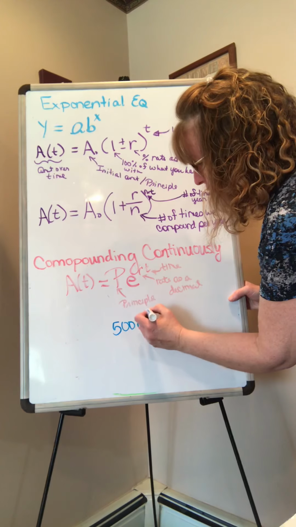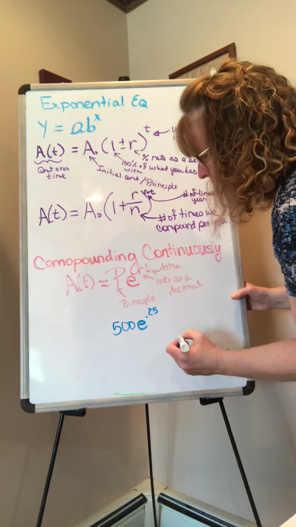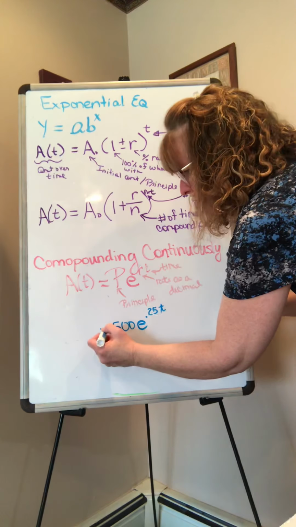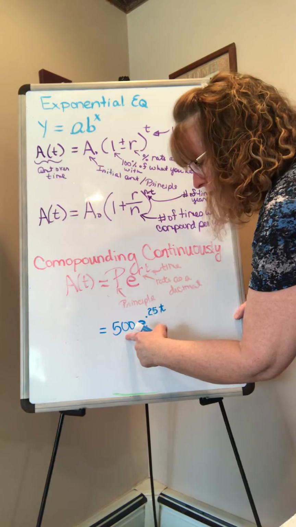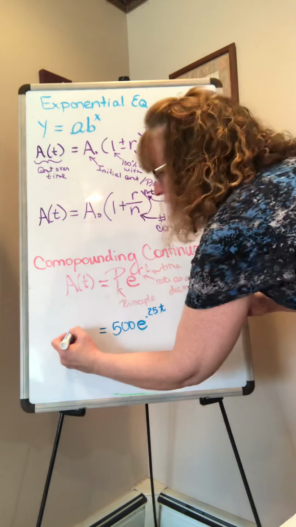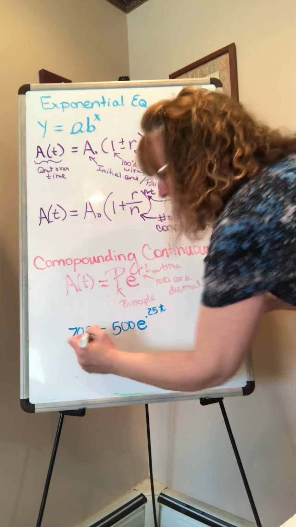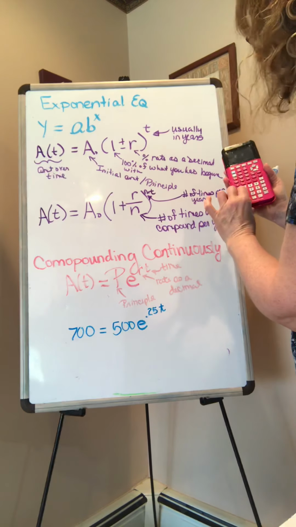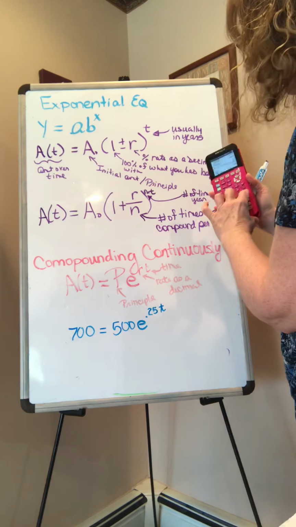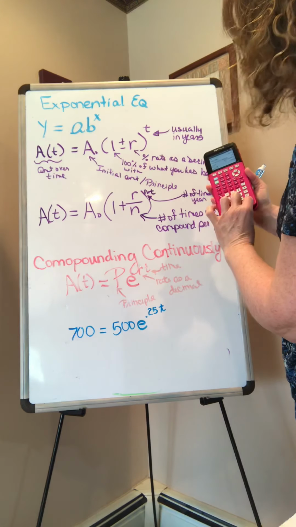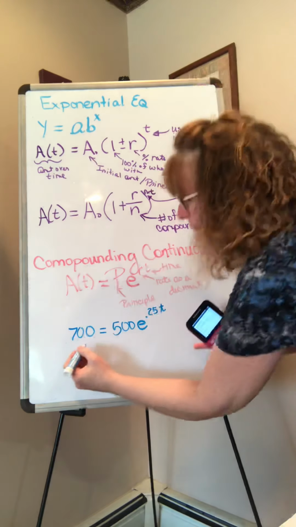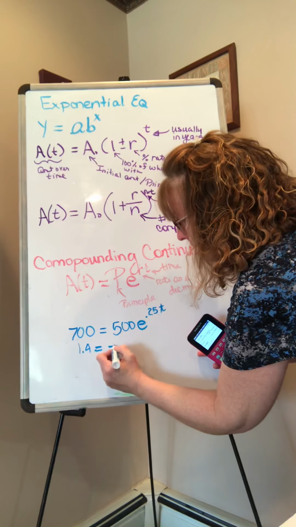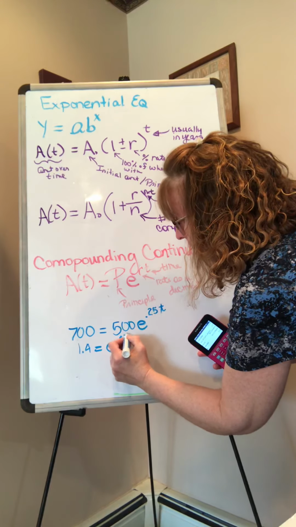Let's just say you're getting 25% interest over time, and you take your time paying this off, and how long does it take for this $500 jacket to have cost you, I don't know, $700? Let's see, it's not going to take too long. Let's start with the 700 divided by the 500. This is 1.4. And now this would be e to the 0.25t.